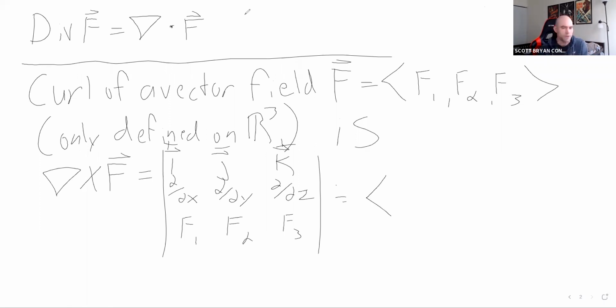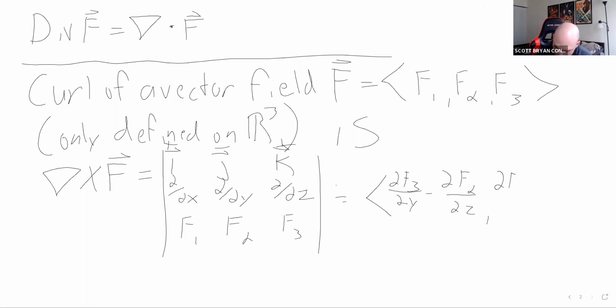We know how to take the cross product. I'll just write it out. So we get the partial of F3 with respect to y minus the partial of F2 with respect to z.